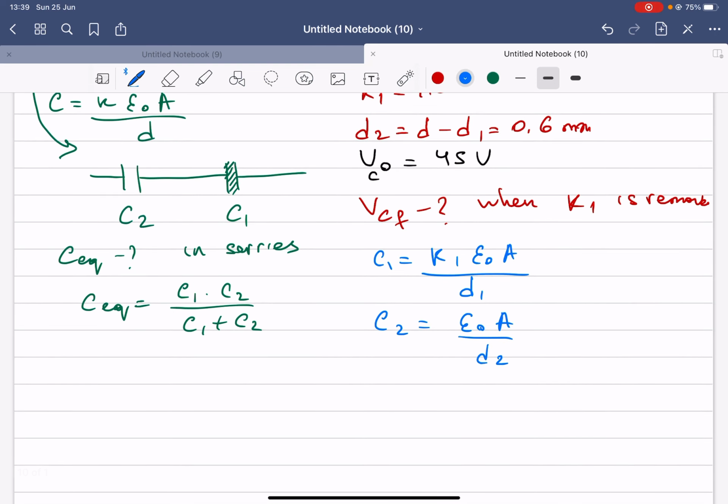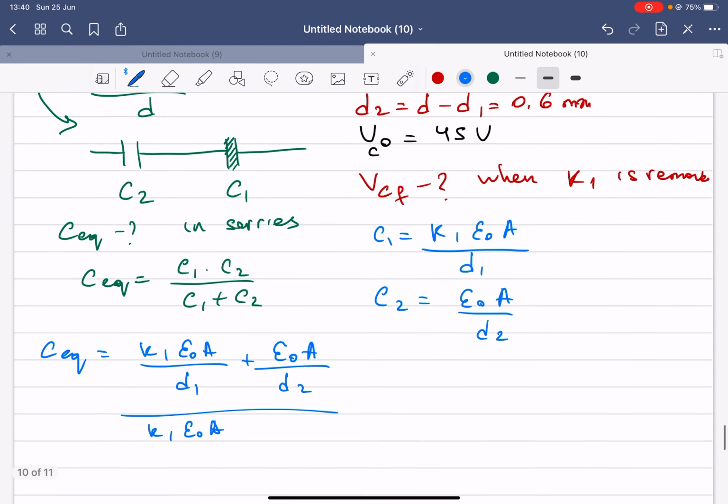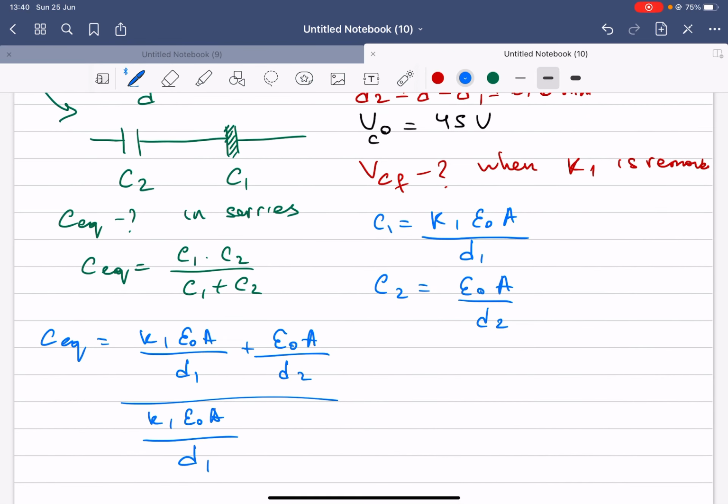And C equivalent is C1, equal to K1 epsilon naught area divided by D1, times epsilon naught area divided by D2, divided by K1 epsilon naught area divided by D1 plus epsilon naught area divided by D2.